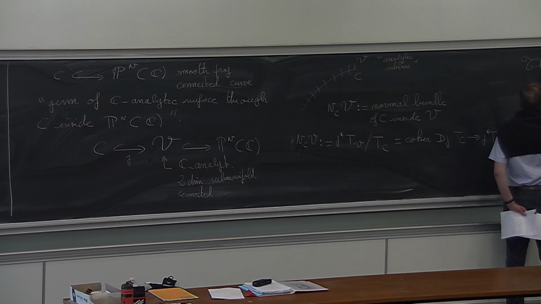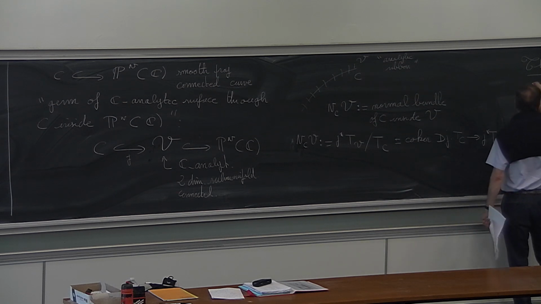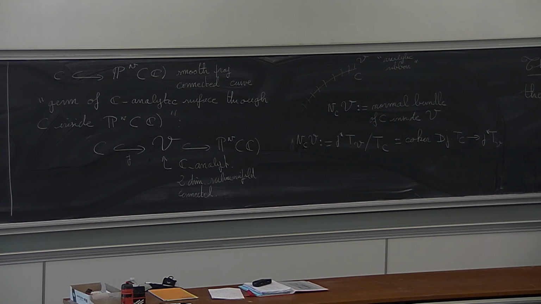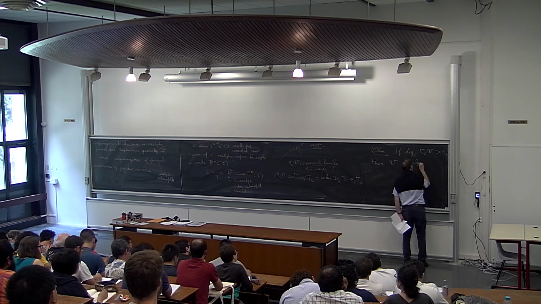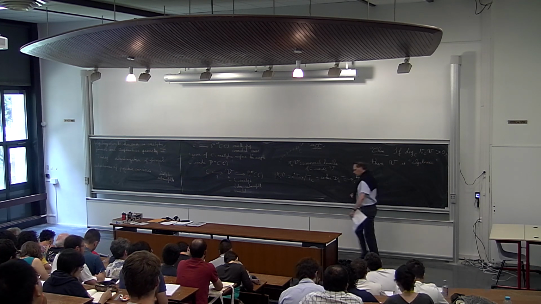And today I would like to discuss the following theorem. If the degree along the curve C of this line bundle is strictly positive, then your ribbon V is algebraic. Let me write algebraic between quotation marks because it's slightly ambiguous.